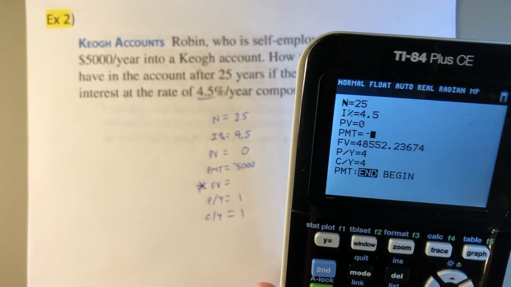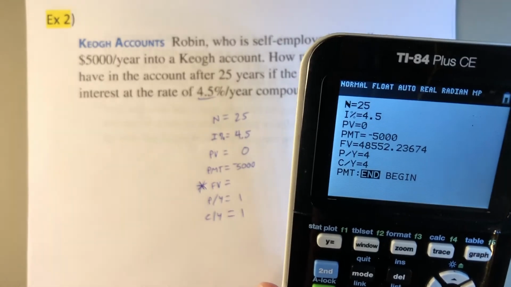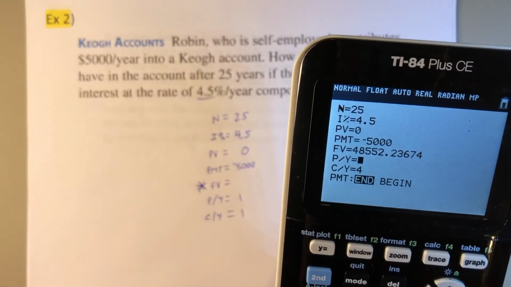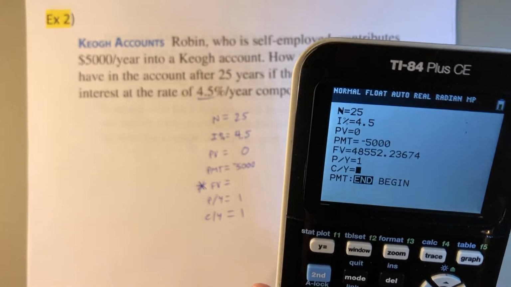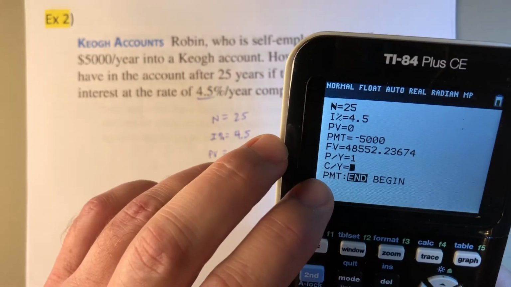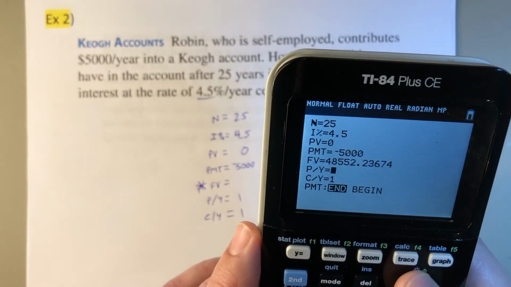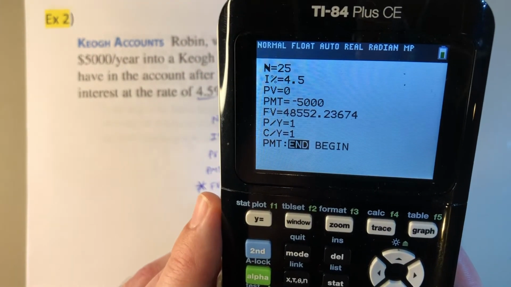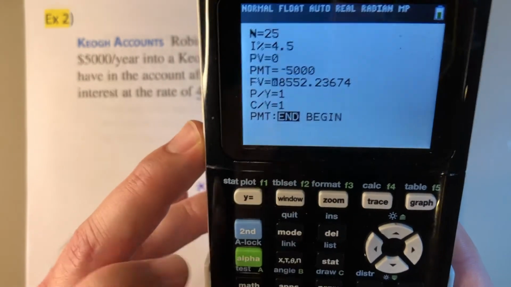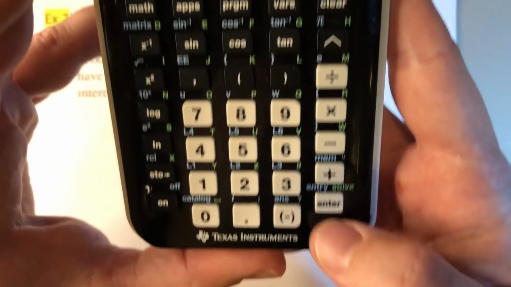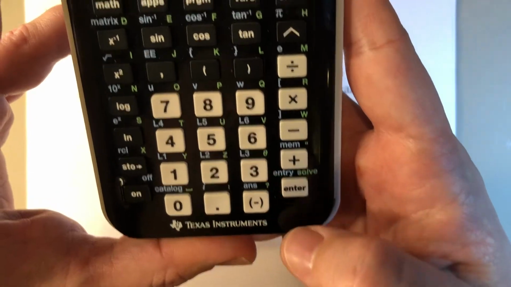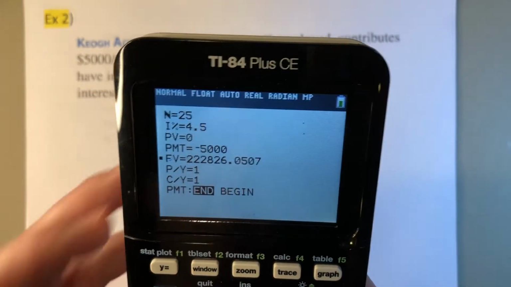Present value is 0. Our payment's negative 5,000. Go down here and change payments per year to 1. Make sure compounded per year is also 1. And then go back to future value. What do you hit? Alpha and then enter to solve. Okay, alpha, enter, and there you go.